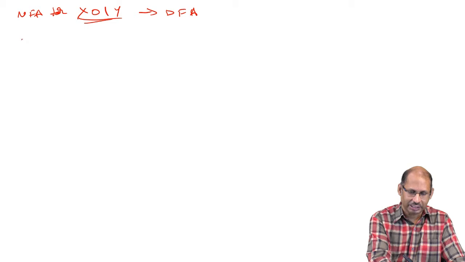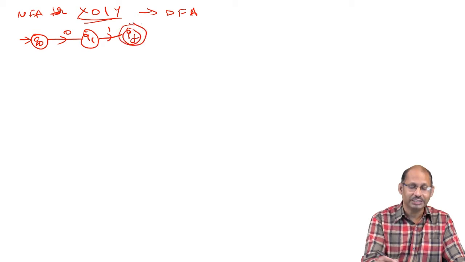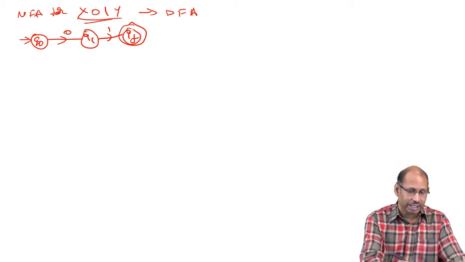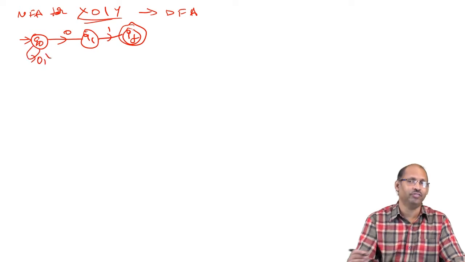Simply we consider the initial state Q0, and the transitions for the condition: on 0 it goes to Q1 and on 1 it goes to QF. So we have considered the transitions for the condition having 01. Then what are x and y? The x and y are sequences of zeros and ones.